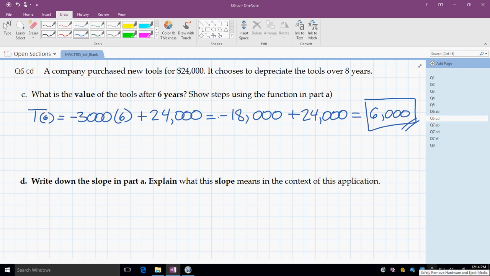For letter B, they're asking to write down the slope in part A. Explain what this slope means in the context of the application. It means that for each year, the value of the tools will decrease by 3,000.